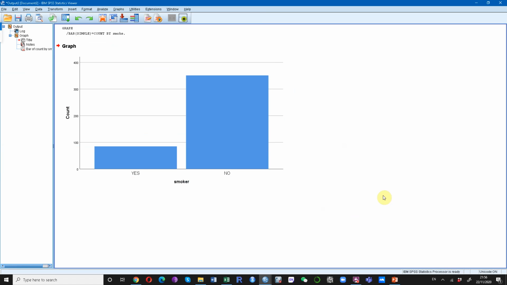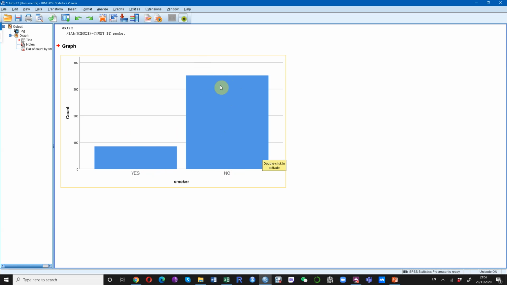Then in the result window, you can see the yes and no groups. So yes is smoker, and no is of course non-smoker. Yes is slightly below 100 individuals. It's probably around 90. It's just a visualization of the difference between these two categories.